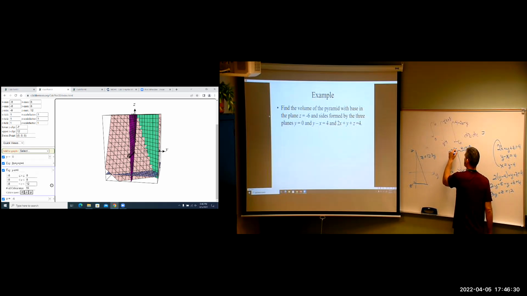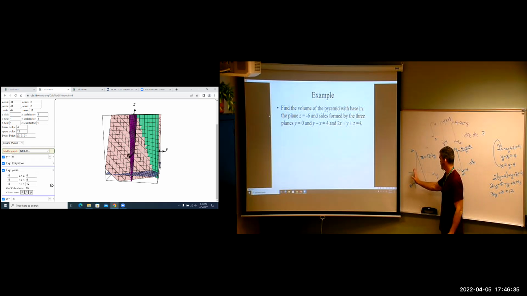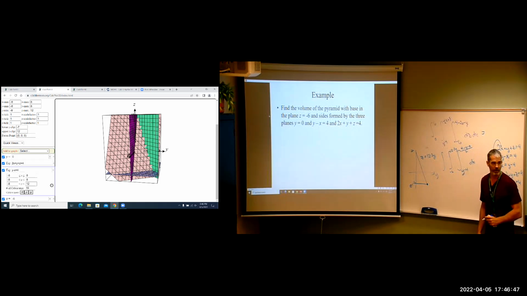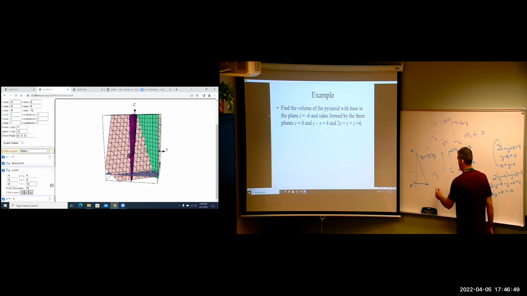Minus 3y. So the last thing we have is what we're doing in the y. So y is clearly going to come from 0 out to whatever this point is. Well, remember this is the point where z equals -6. So this is something we can solve for y. So we get -6 equals 12 minus 3y.